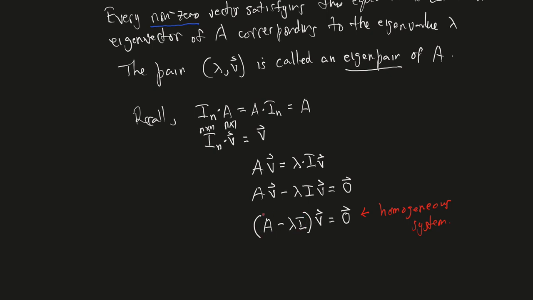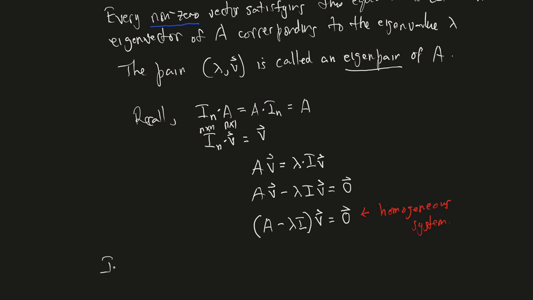If this matrix happens to be invertible, then all we have is the trivial solution. Because if our coefficient matrix is invertible, the system has a unique solution, and since it's homogeneous, the only solution it could have is the zero vector, which we don't want. We want the solution to be non-zero.